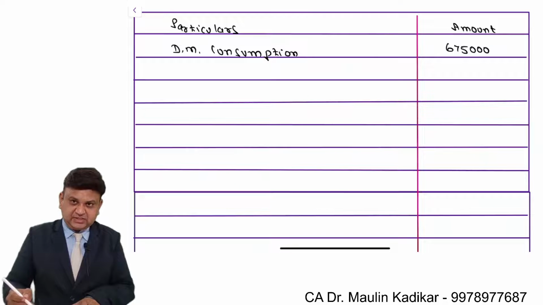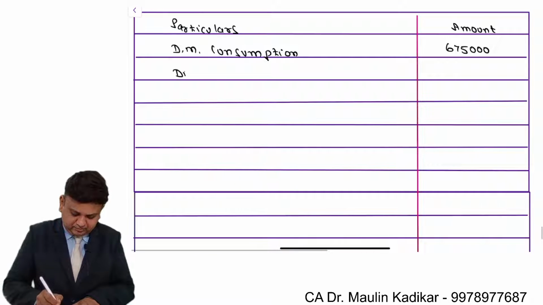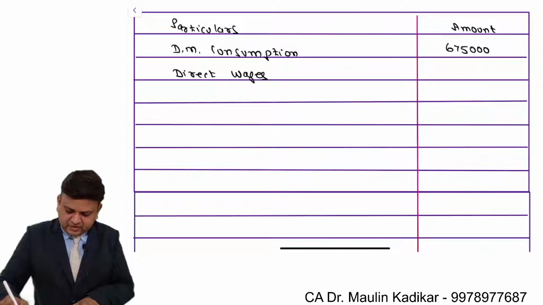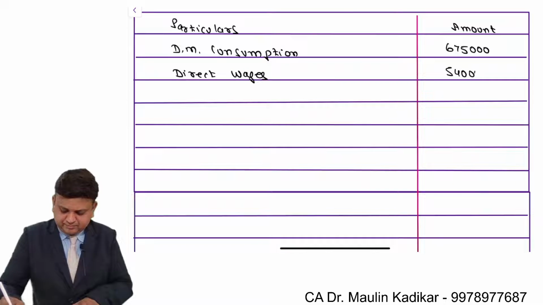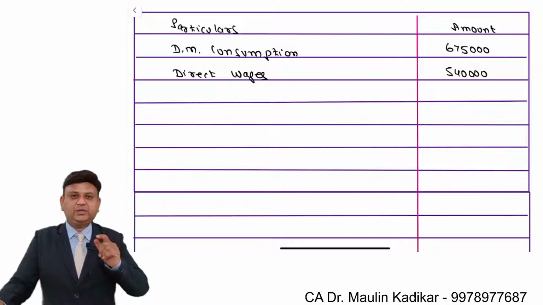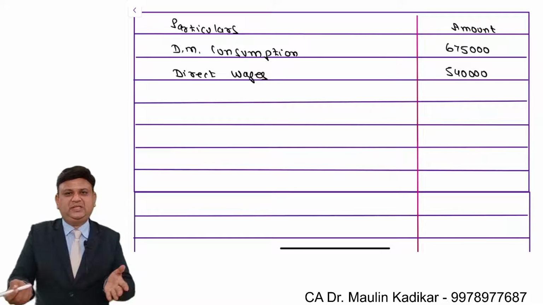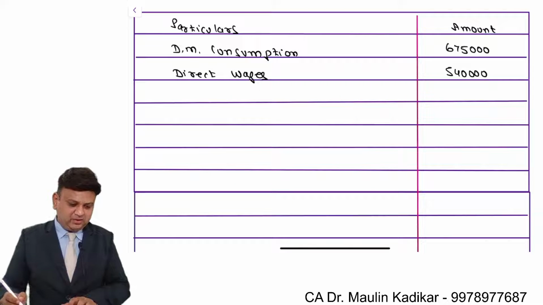Next is the direct wages, 5,40,000. At this point we can compute the prime cost, but there is no need, so I'm not doing it.